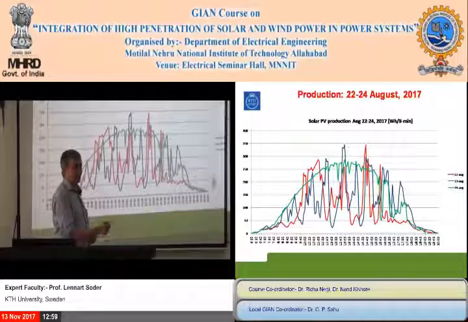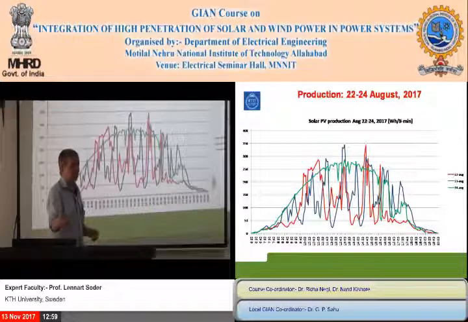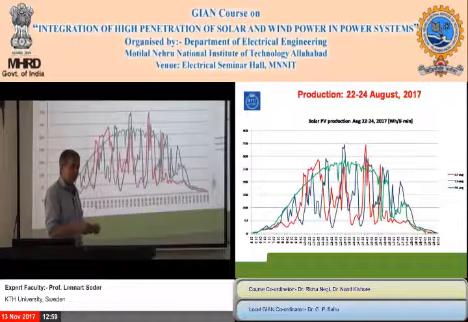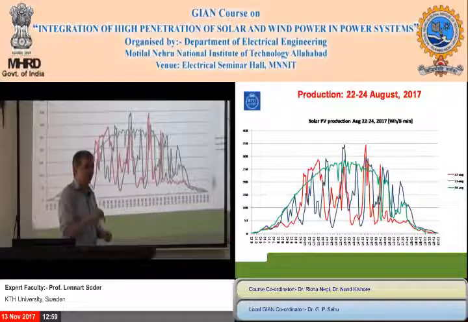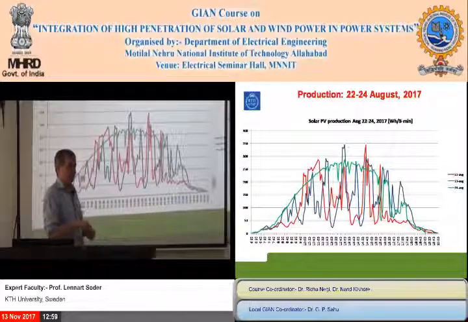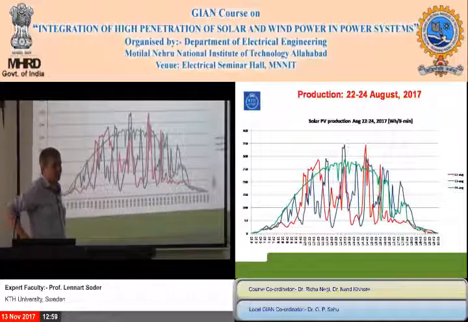For wind power it can often be that a line or a transformer has to be upgraded, so the wind power owner has to pay for that. It should not be a cost for my neighbors just because I have solar power. But I don't think this is a big issue for solar power currently in Sweden at all.